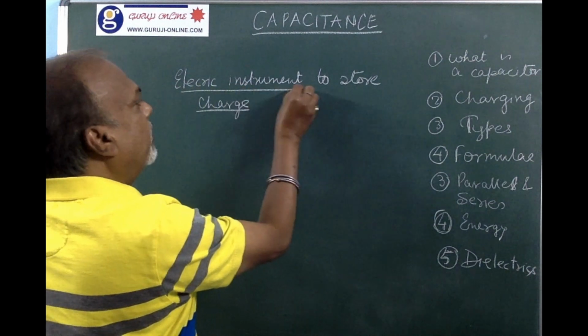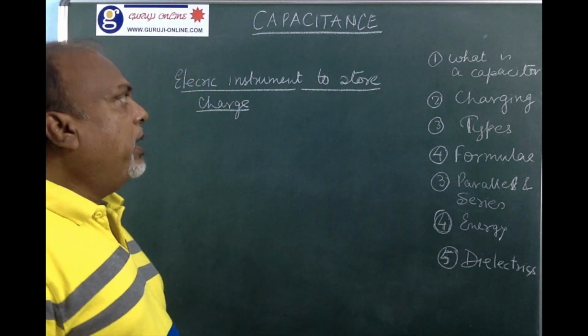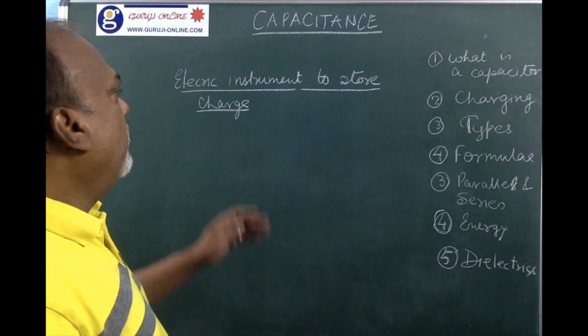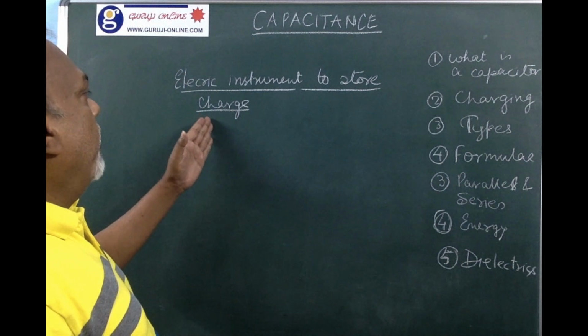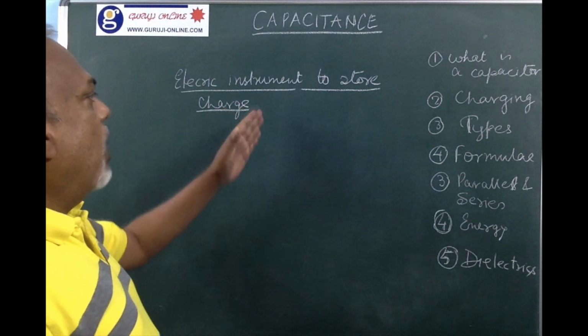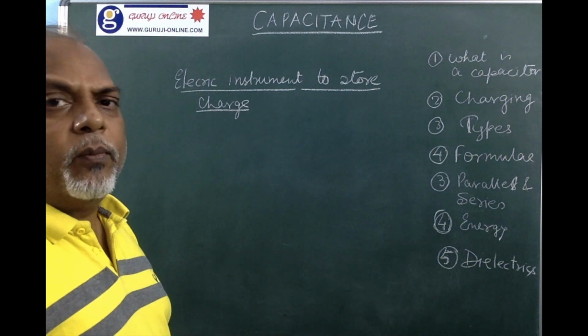We have seen how charges are created, and we have learned so many things about electric charges. But in this chapter, how we can store a charge, and this is all about capacitance.